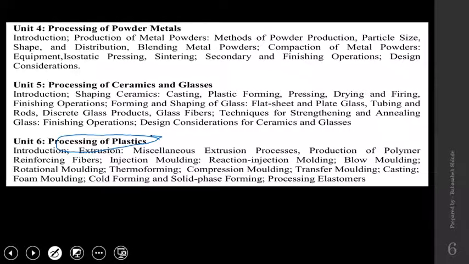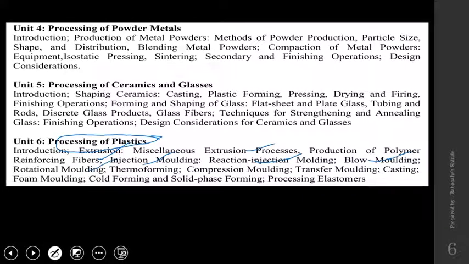Like you can see here, extrusion is there, then injection molding, blow molding, and all. These are similar processes to what we study in metals as well. But the equipment are going to be a little bit different because the temperature range for plastics would be less compared to metals. That we are going to talk about in detail.